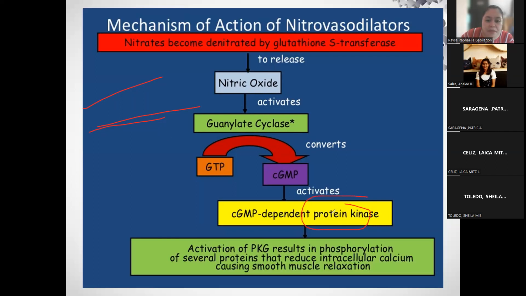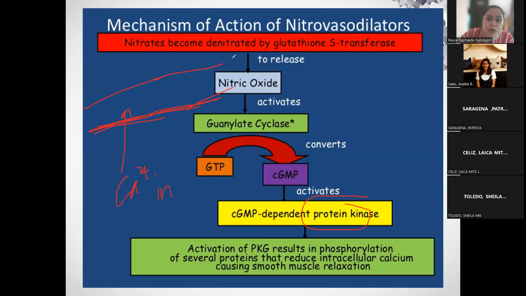Pag na-activate si protein kinase, may mga proteins pa dito class in our blood vessel that will also be activated or phosphorylated. Tapos ang mangyayari, yung blood vessel class will have reduction in calcium influx. So supposedly, di ba, calcium will move inside the cell. And then, remember, calcium is very important in muscle contraction.